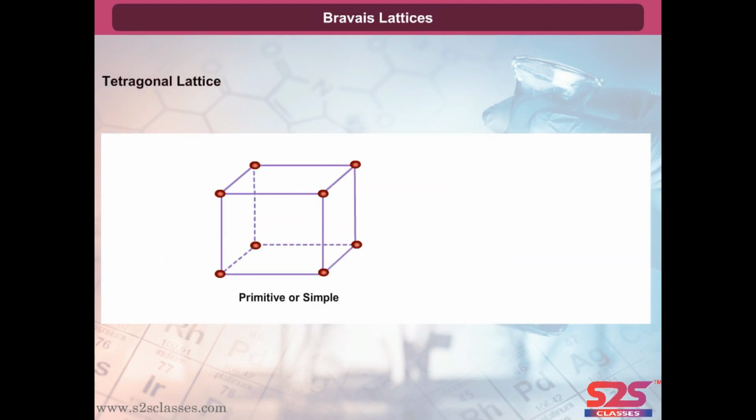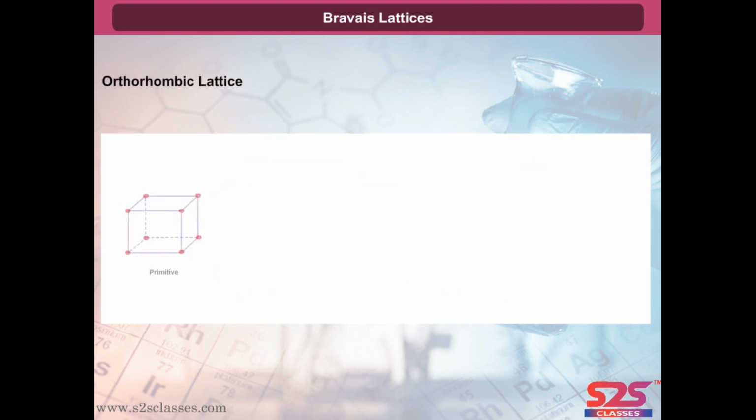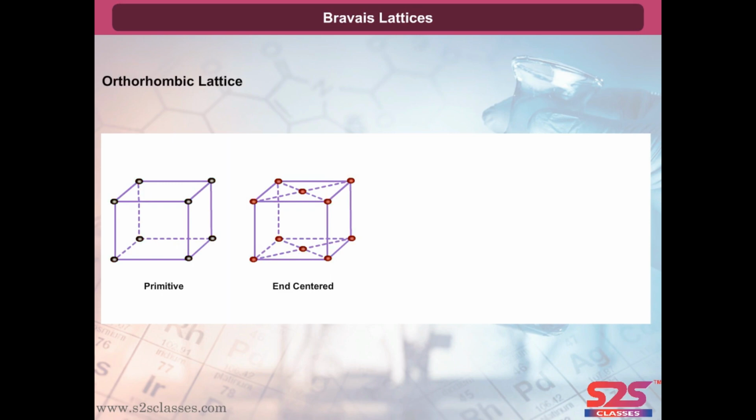Tetragonal lattice: primitive and body-centered unit cells are the 2 types of tetragonal lattices. In these lattices, one side is different in length and angles between the faces are equal to 90 degrees. Orthorhombic lattice: there are 4 different types of orthorhombic lattice.